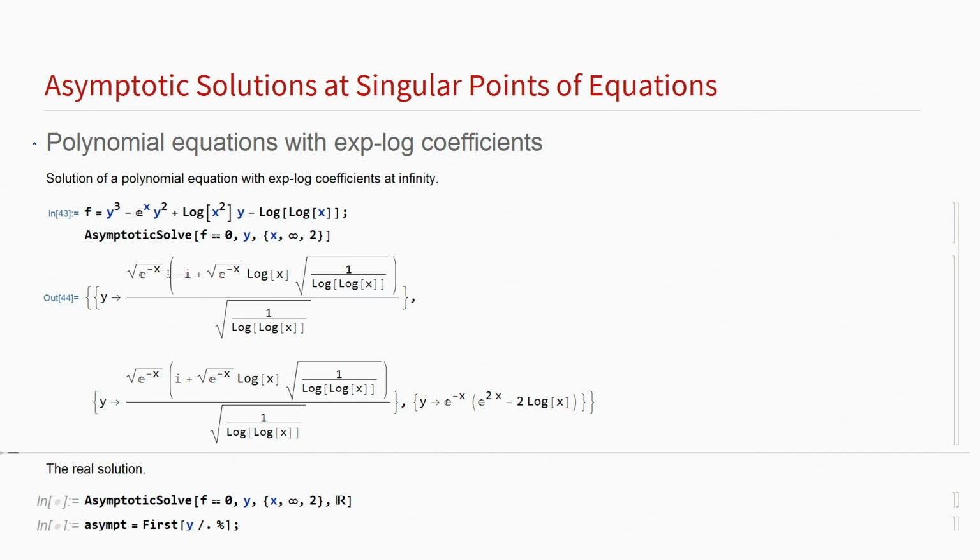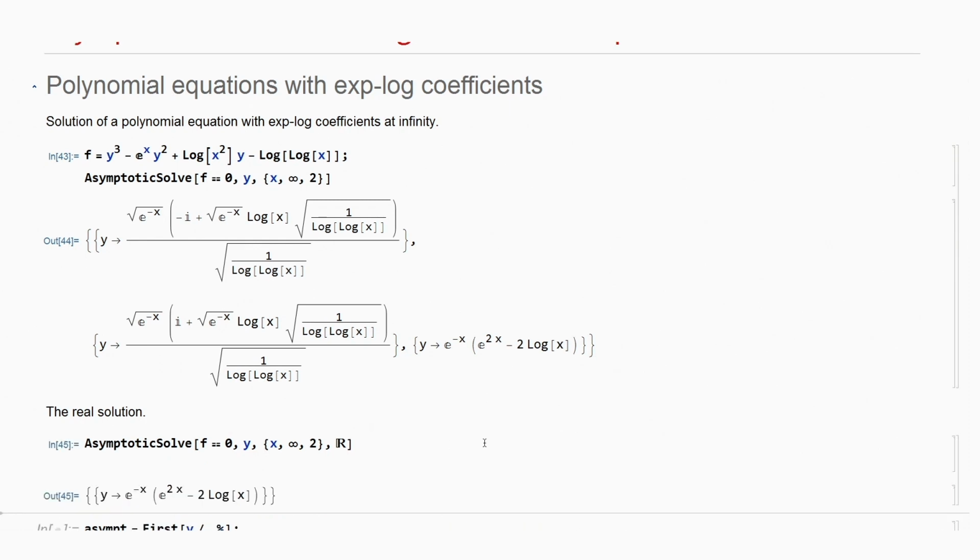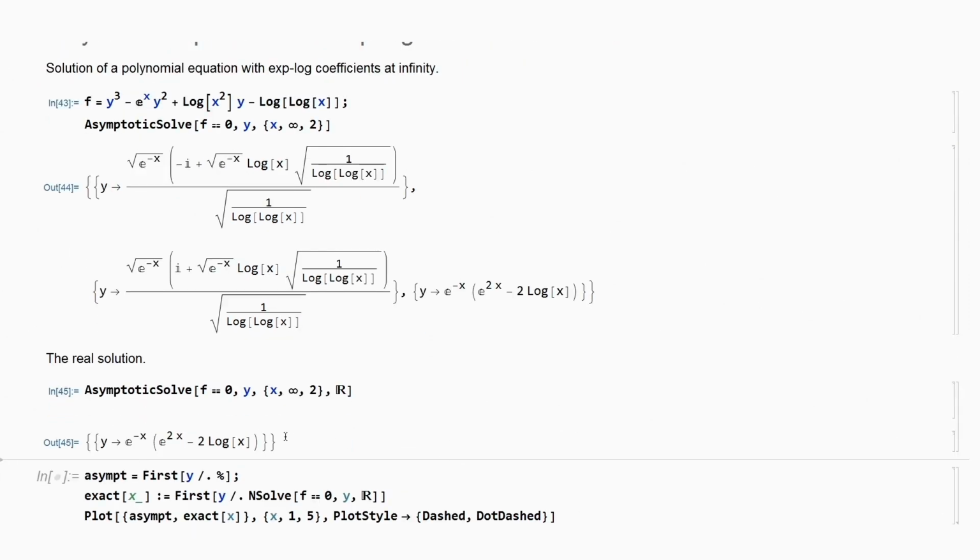Basically, if we expand it, we can see that there is a real part and an imaginary part, and each of them is a real x-log function. And this just gives us the real solution. So just the last one is real.